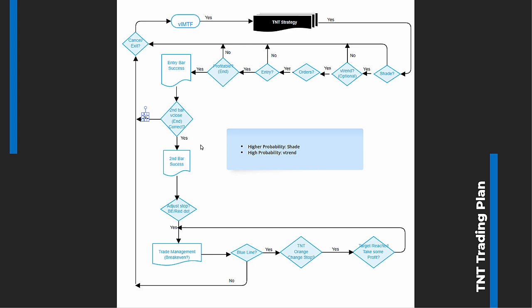Here's the overall trading plan for the TNT strategy. This is very similar to the high-level plan we went through, except for these two little options, which are part of the TNT strategy. So if you have a TNT, you want to make sure it has a shade. If it has no shade, there's no opportunity at all. The next thing you want to do is make sure it's in the direction of the V trend.